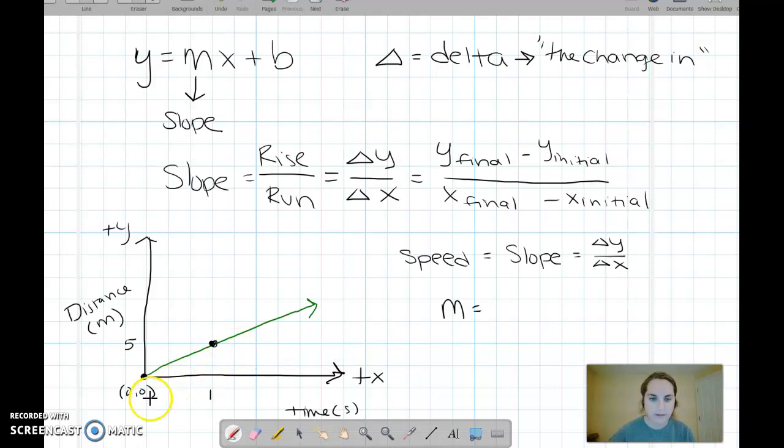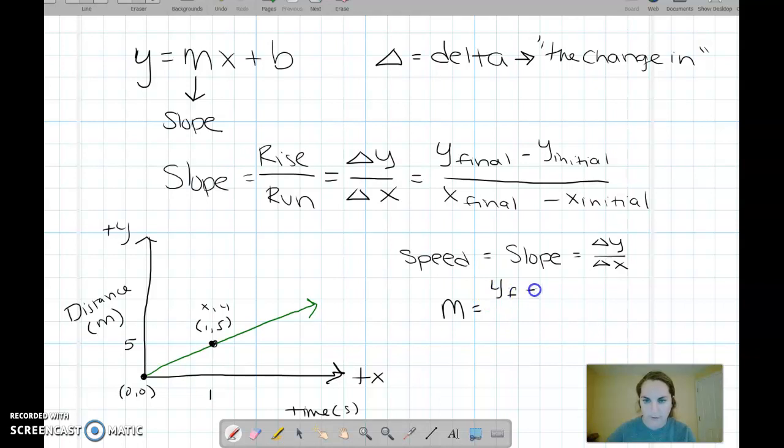I have to recognize where I ended and where I started from. So I know that I am ending here at x, y. So I just want to make sure that we know that's the point. So 1, 5.